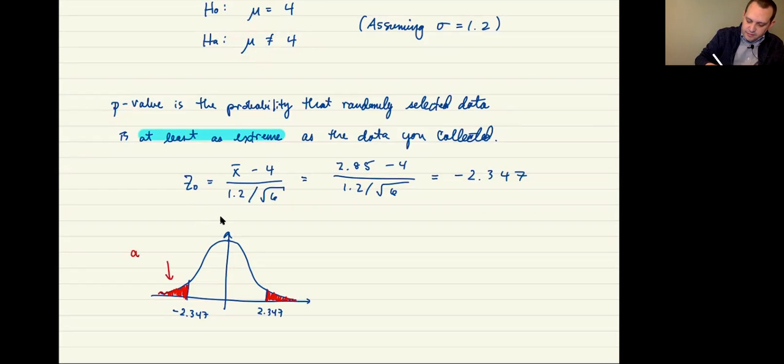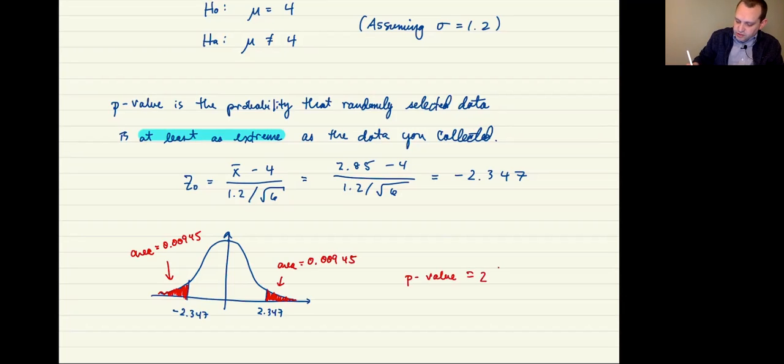This area is 0.00945. This area by symmetry is exactly the same, because the normal distribution is symmetric about the y-axis. So the area to the left and the area to the right are equal.